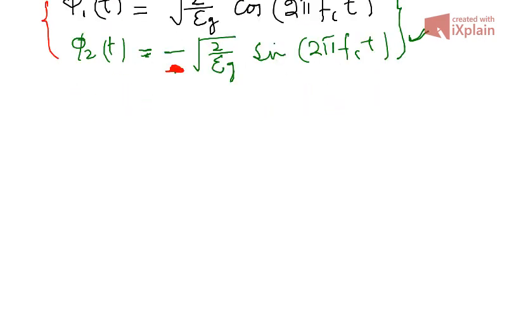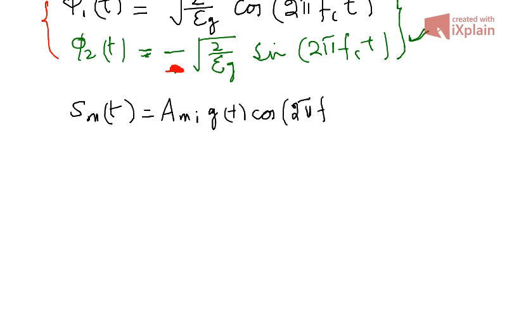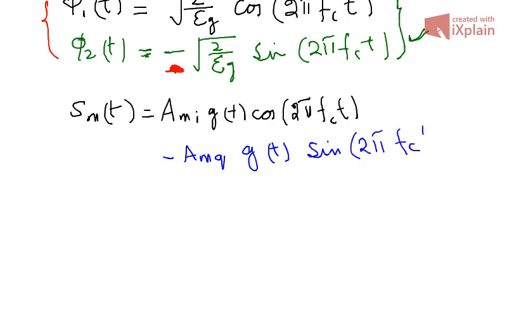If you go back to the first slide, in the next few slides we derived that Sm of t is AMI g of t cos 2 pi fct, minus AMQ g of t sine of 2 pi fct.